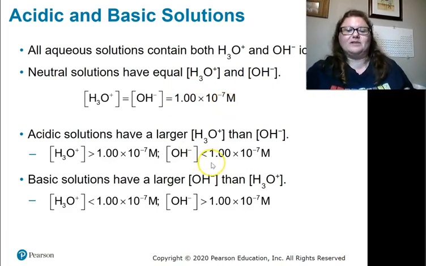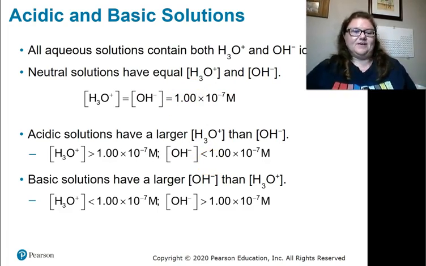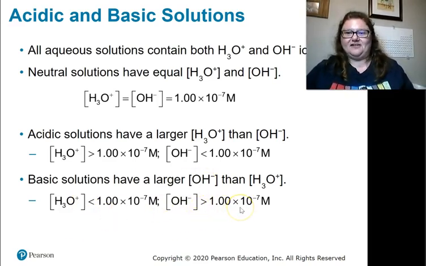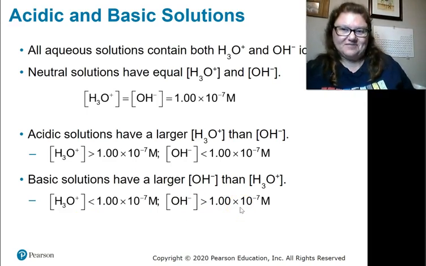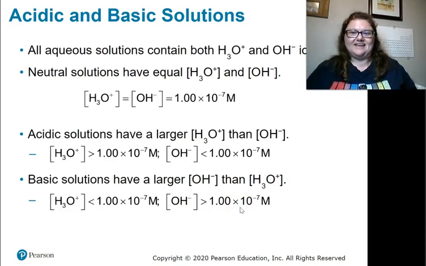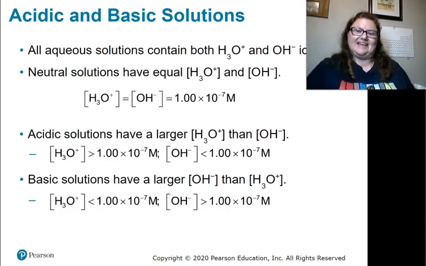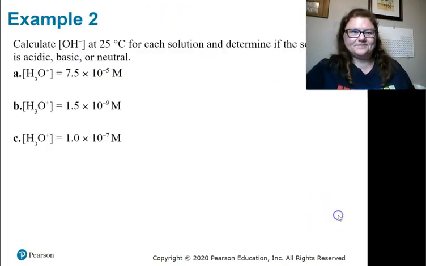And then the OH- would have to be less than, because again, it has to add up to 1 times 10 to the negative 14. And then basic solutions are classified where the hydroxide ion is greater than 1.00 times 10 to the negative 7. And so in that case, the hydronium ion must be less than that value.